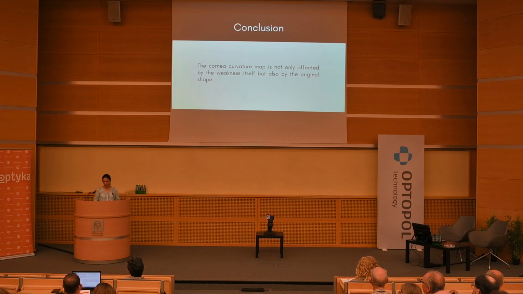And we can't say that much about it, because patients only go to the doctors when there is a problem. So when they go to the doctor, there is already a disease or a problem there. So we don't know what the initial condition of the cornea was before the disease.